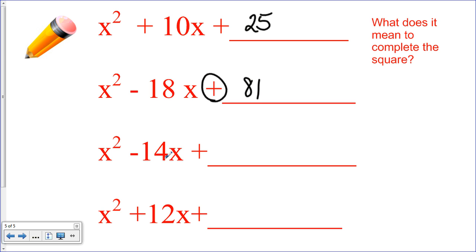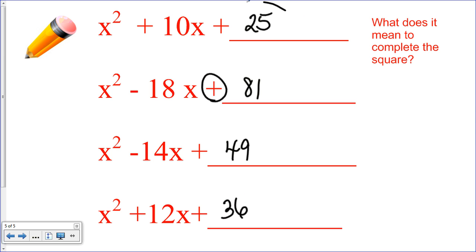X squared minus 14x, I will take 14 and put 7 and 7, negative 7 and negative 7, and negative 7 times negative 7 is a positive 49. Now I will take 12x. I'd split those in half and I'd do 6, and 6 times 6 would be 36.